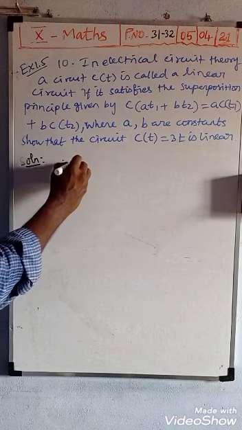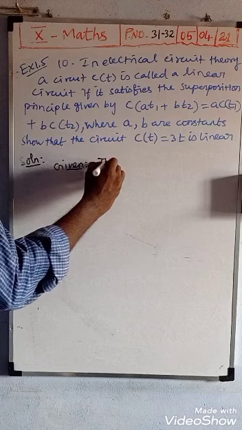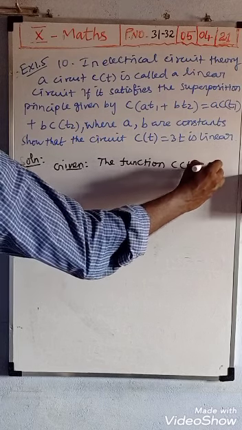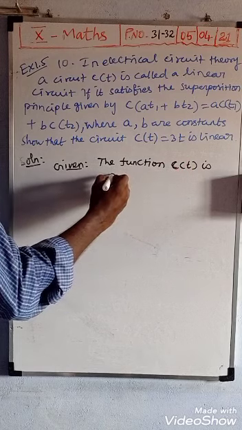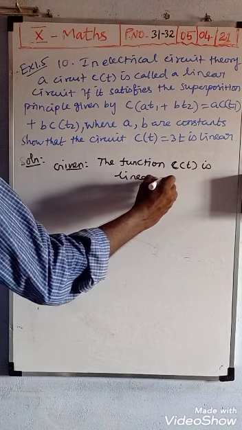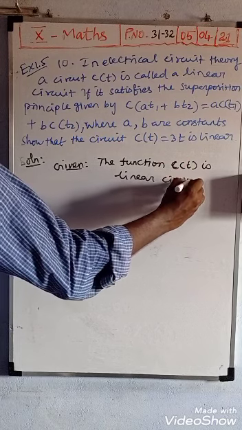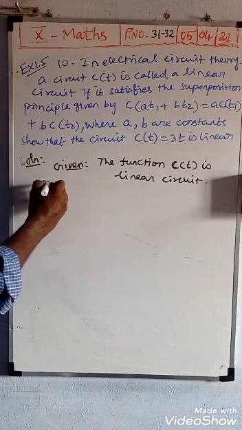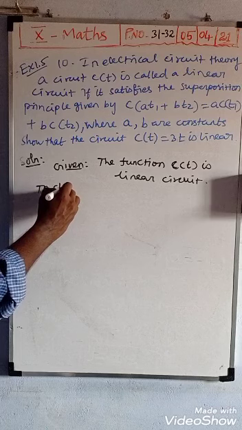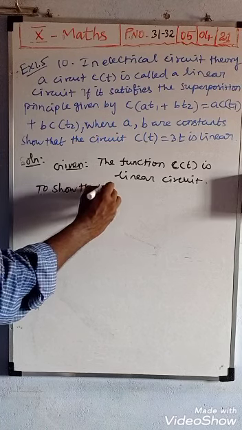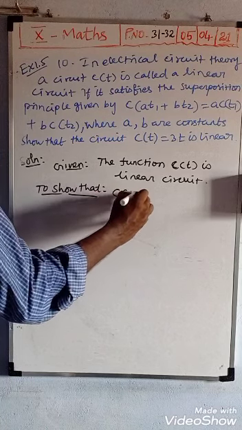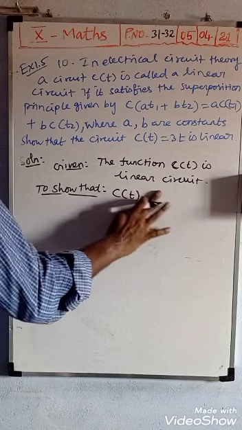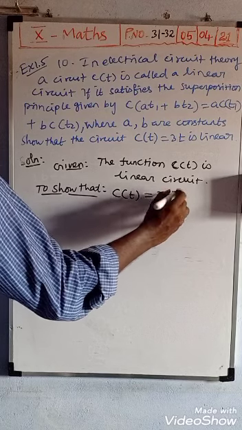Firstly, given the function C of T is a linear circuit. Now here we want to show that C of T is equal to 3T is linear.